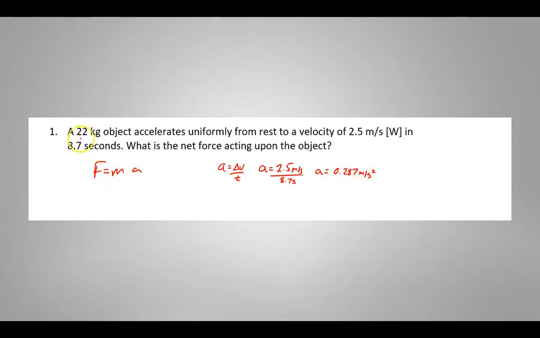Now that we have the acceleration and the mass, we can plug that in here with the mass of 22 and the acceleration of 0.287, and you wind up with a force of 6.3 newtons. And force is a vector quantity, so we have to include the direction. The acceleration was west, and so the force must also be west.